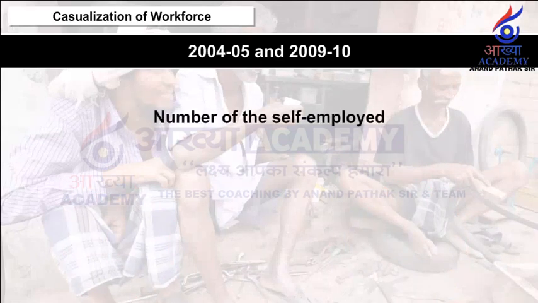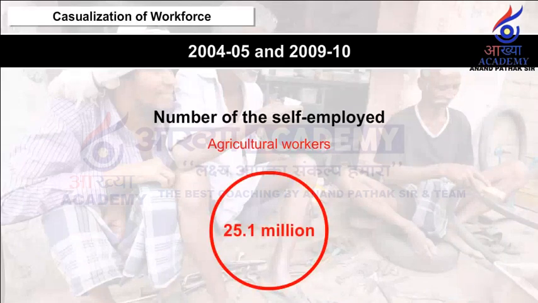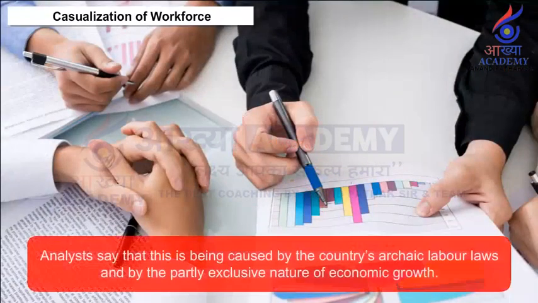The number of the self-employed, dominated by agricultural workers, declined by 25.1 million. Analysts say that this is being caused by the country's archaic labor laws and by the partly exclusive nature of economic growth.